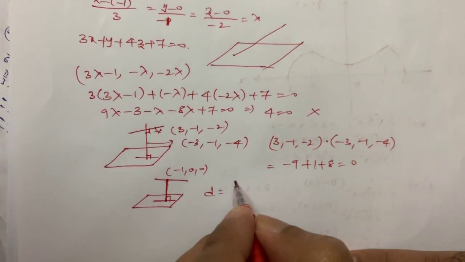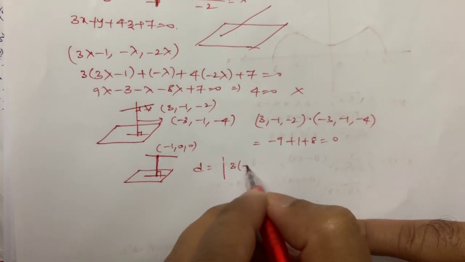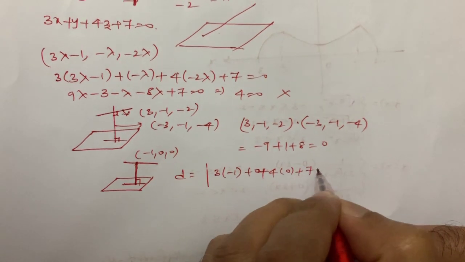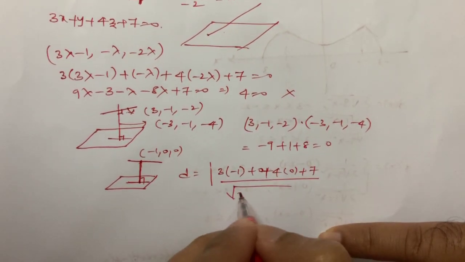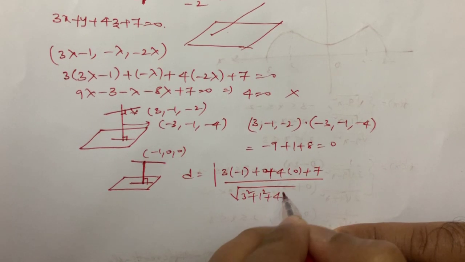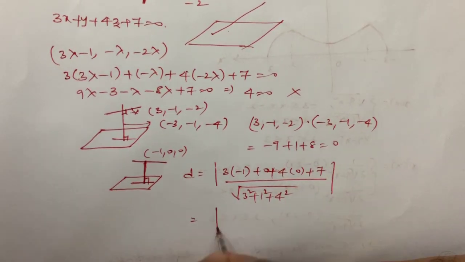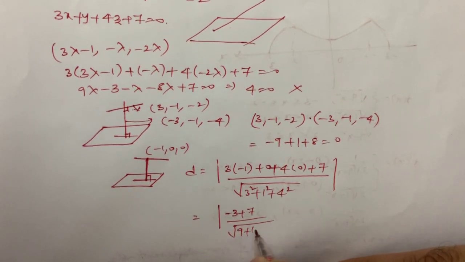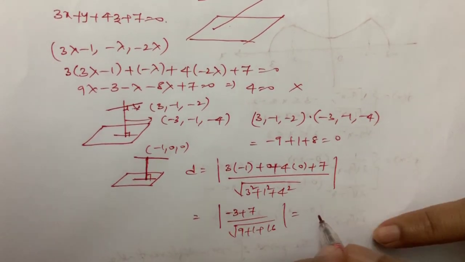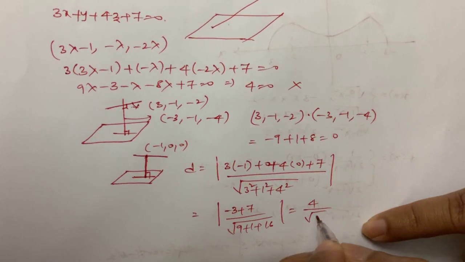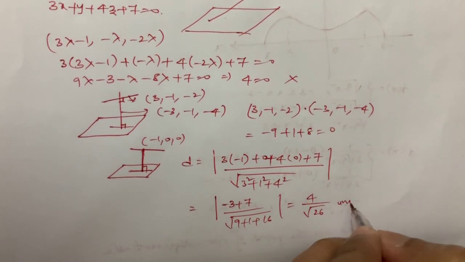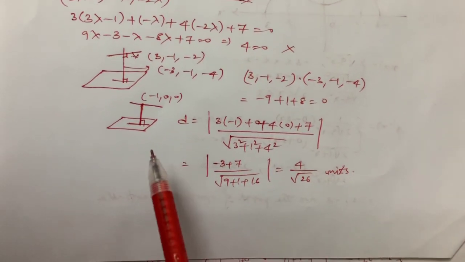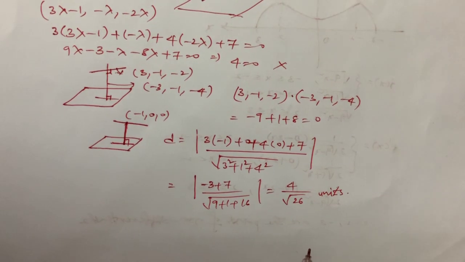Distance = |3(-1) + 0 + 4(0) + 7| / sqrt(3² + 1² + 4²) = |-3 + 7| / sqrt(9 + 1 + 16) = 4/sqrt(26) units. So the distance between the line of intersection of the two planes and the required plane is 4/sqrt(26) units.